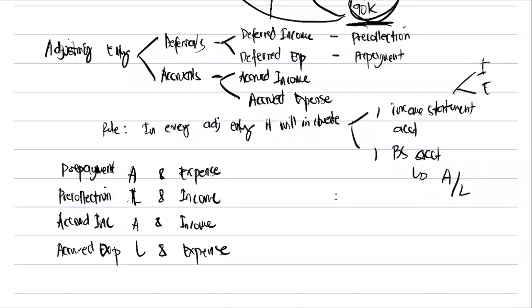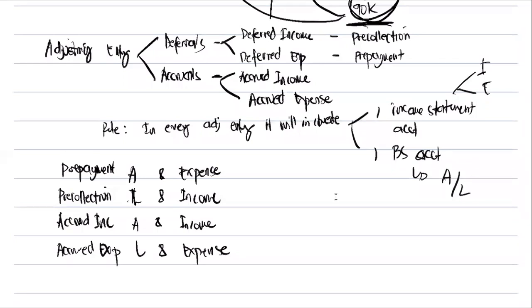Therefore, in splitting, the rule is that every adjusting entry will include one income statement account and one balance sheet account. So using this rule, we further know the relationships between the accounts as we are adjusting. In case of prepayment, we only have asset and expense; pre-collection, liability and income; accrued income, asset and income; accrued expense, liability and expense.